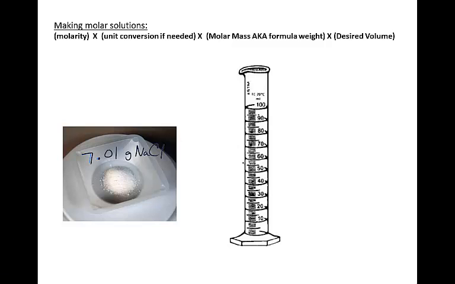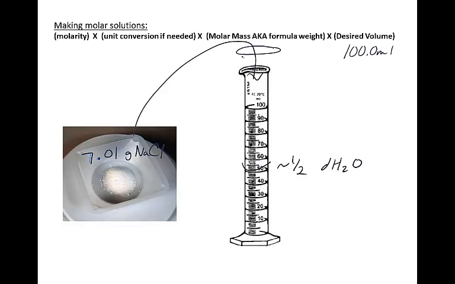So what we would start off with is we'd put approximately half of the desired volume, 100 milliliters is our desired volume, so about 50 milliliters, we fill with distilled water. Then you are going to transfer in the salt, but we would not try and pour it in straightforward. You would usually use a powder funnel to help facilitate the transfer.